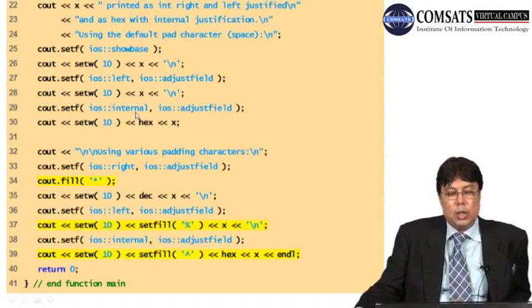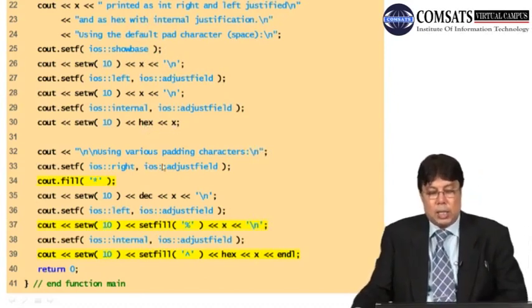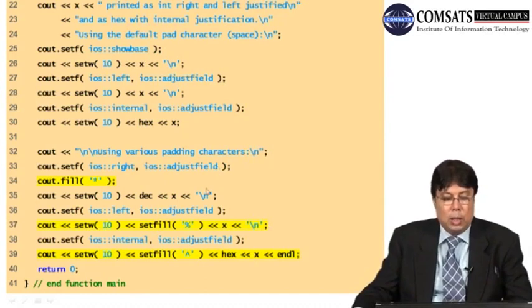Internal, you know that the magnitude is right justified, and the field means this plus minus on the left and magnitude is on the right. And then cout setw 10, you want to show it in hexadecimal. Yes, you can do that. Value of x is shown in hexadecimal. Then using various padding options, so you can have a right justified, and then you can cout fill with static.